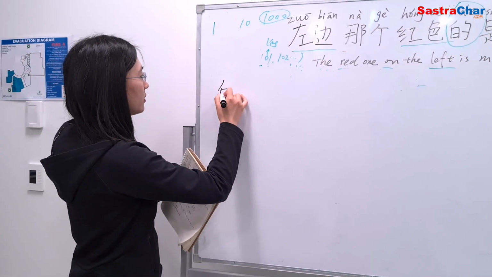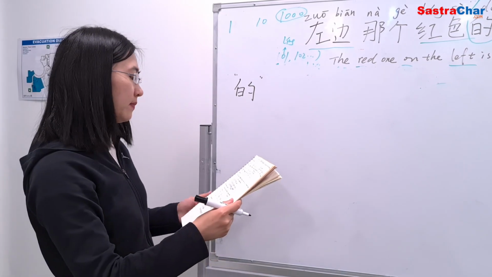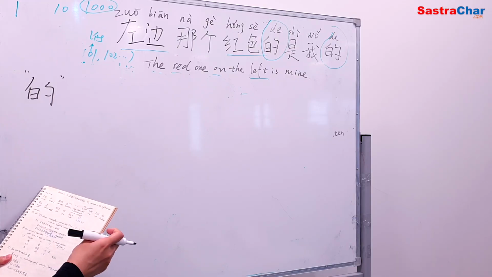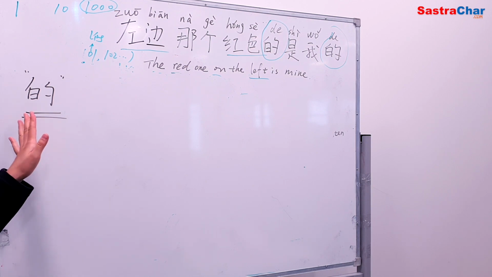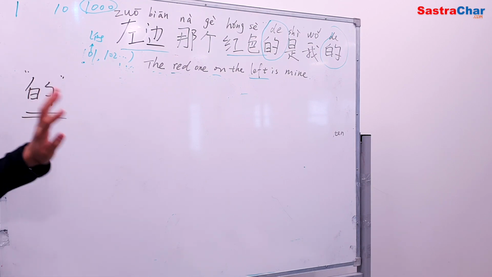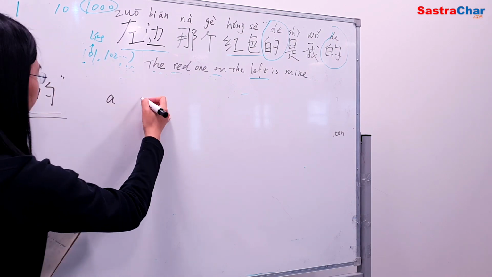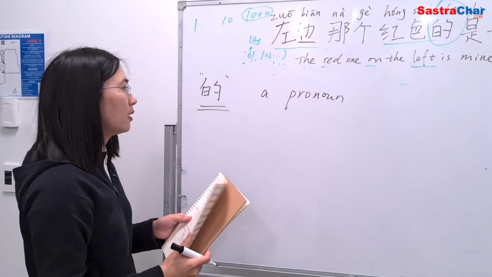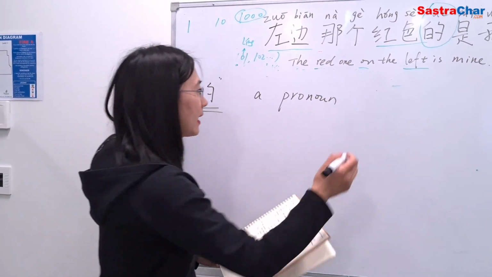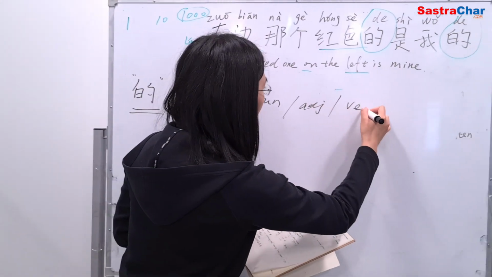Today we're going to look at the meaning of 的. This 的 is very functional. It has a lot of meanings and it can be used in many situations. It can follow a pronoun. It can also follow an adjective or a verb.